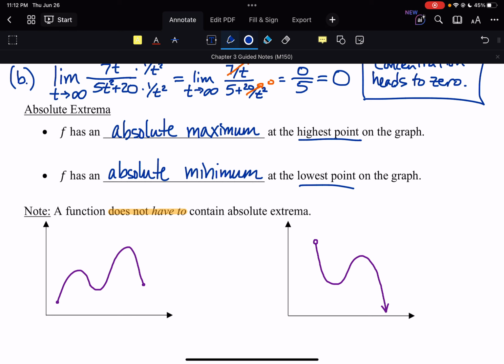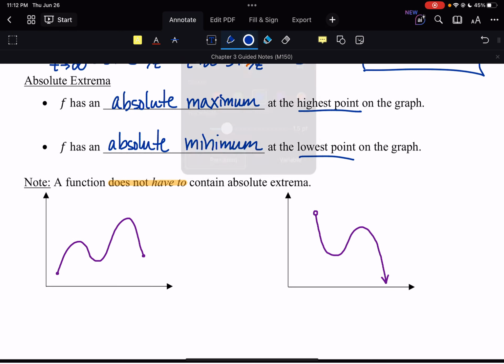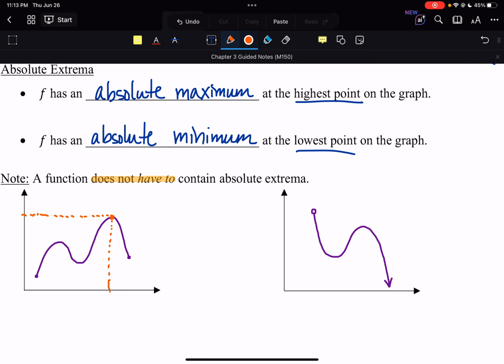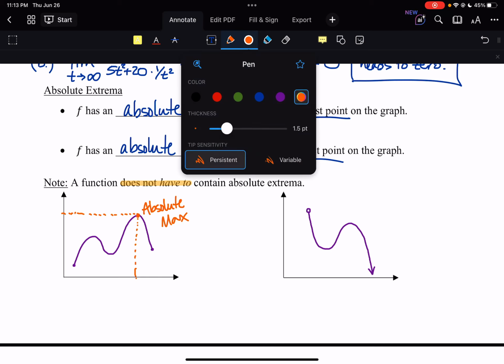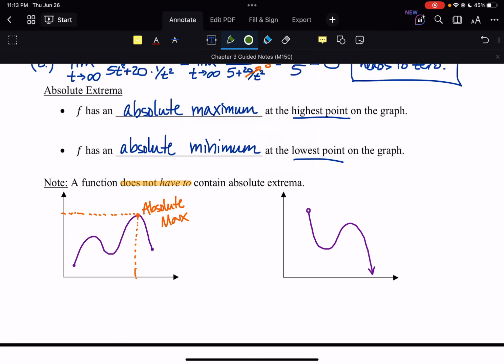I have a couple different graphs down here we can peek at. So for this graph, notice this point up here has an output that is higher than anything else on the graph, right? So this point would be the absolute maximum for the graph.